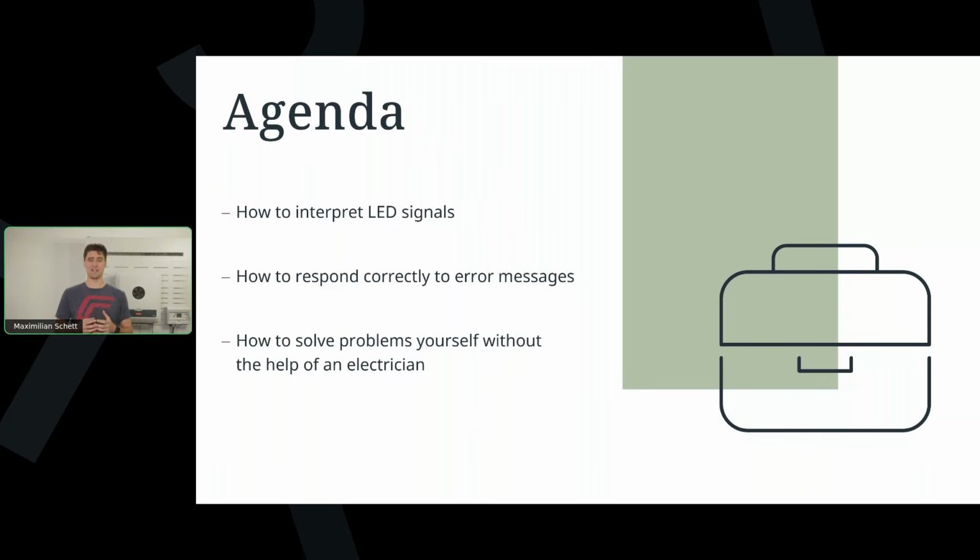There are some things the end customer can do before he or she is calling either the installer or also our support, and it's worth knowing what possibilities there are. And I will discuss that at the end of this webinar.